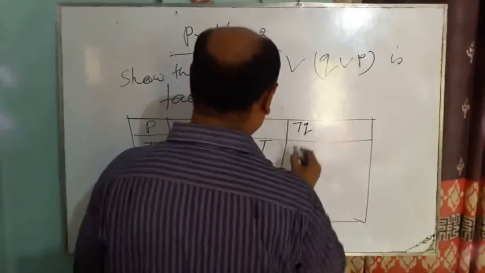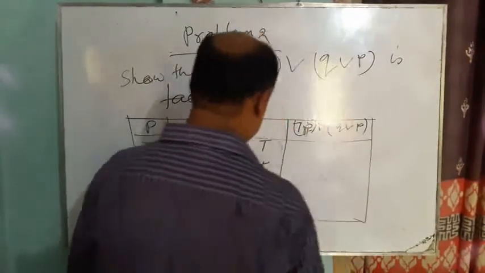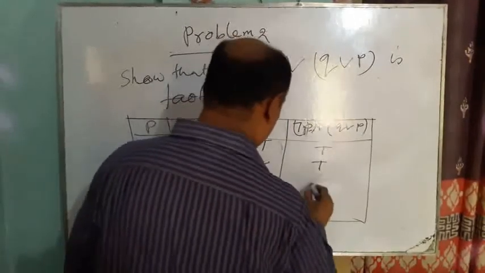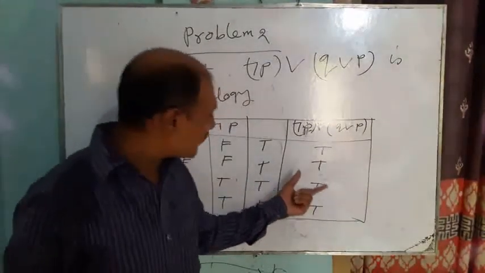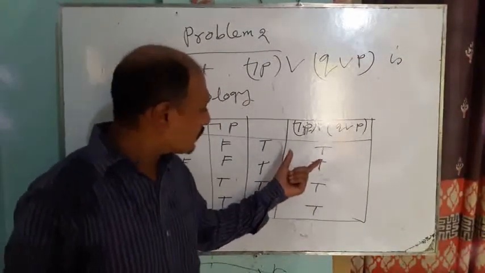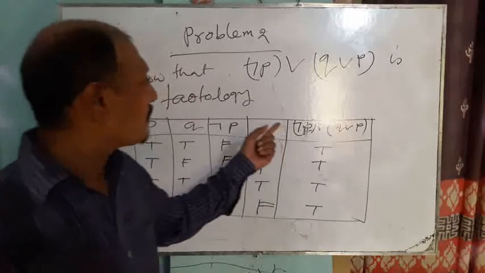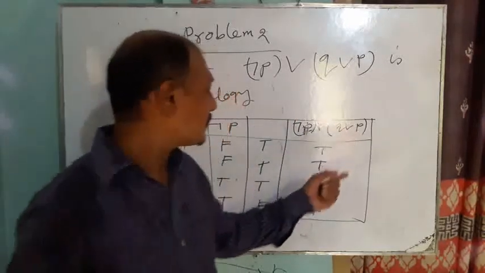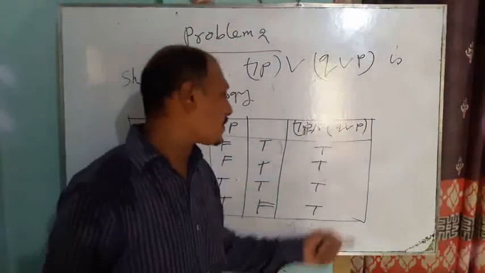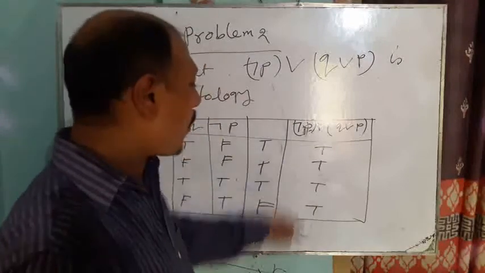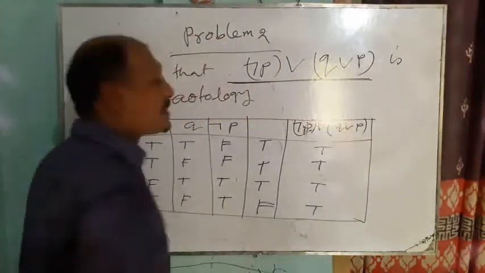Then negative P disjunction Q disjunction P: true, true, true, true. Then we can see that the final value of negative P disjunction Q disjunction P is always true. Then the proposition represents a tautology.